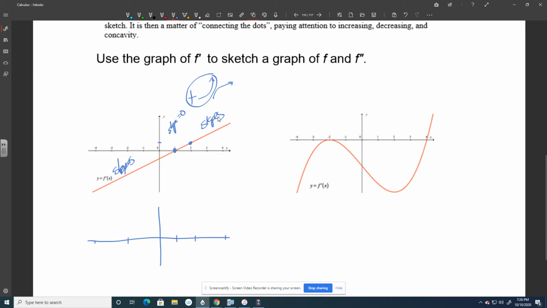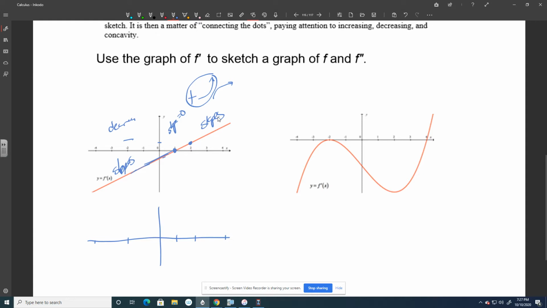And I don't know what this value is right at 0, but I also know to the left that my slope down here is negative. My slope down here is negative. So that means my function is decreasing. And as I go to the left, my negative numbers get bigger.